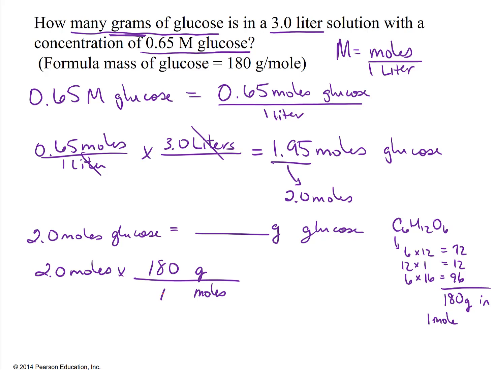So you use the formula mass just like a unit conversion. Concentration times the volume is going to give you the amount of the solute. If you're talking about moles, you'll have to use the formula mass to convert to grams.